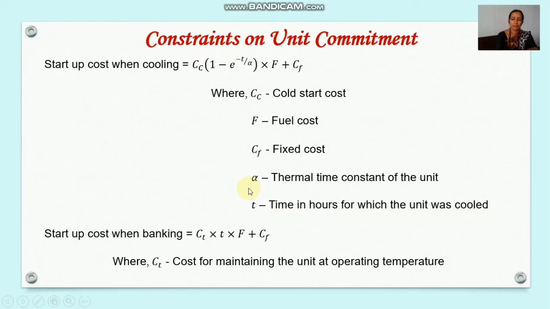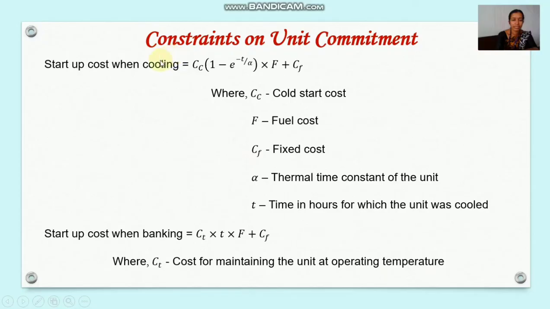And alpha is the thermal time constant of the unit, and T is the time in hours for which the unit was cooled. And the equation for calculating the startup cost if the unit was treated under banking is Ct into T into F plus Cf, where Ct is the cost for maintaining the unit at its operating temperature.